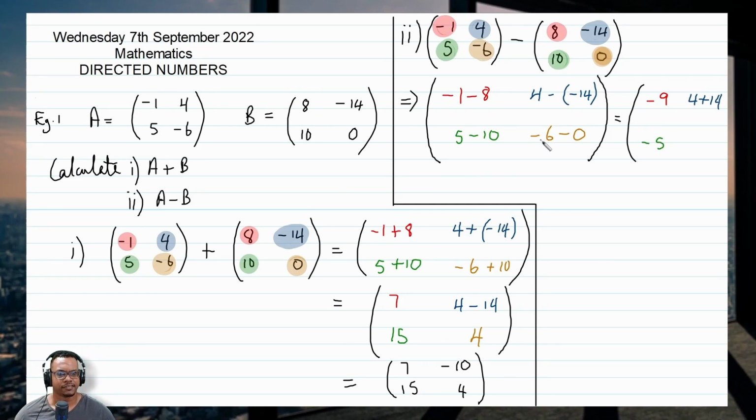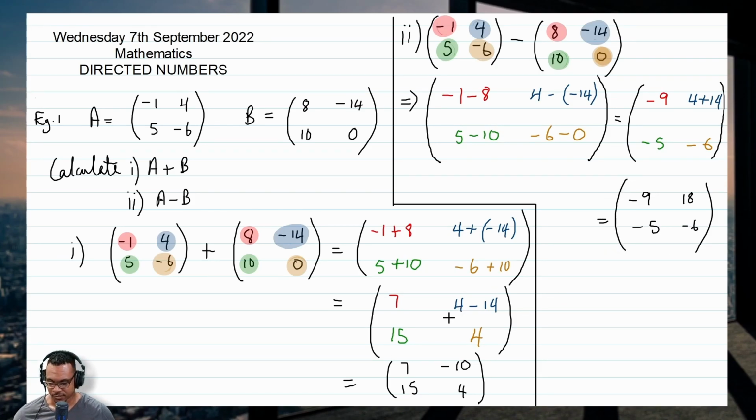Then negative 6 take away 0. 0 is nothing, so negative 6 take away nothing remains negative 6. The only thing to work out there is the 4 and the 14, which is 18 when you add them. So I'll have negative 9, 18, negative 5, and negative 6.